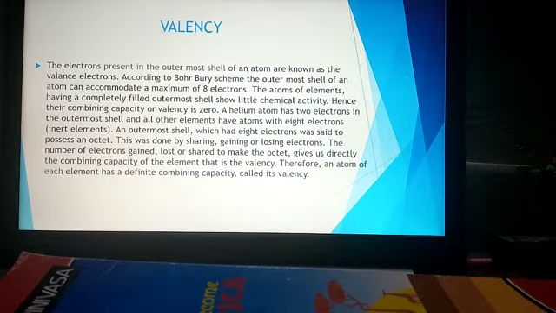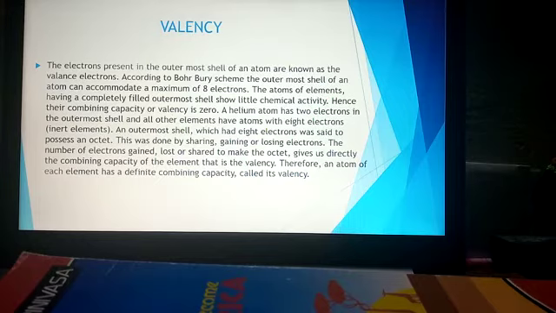The atoms of elements having a completely filled outermost shell, that is with 8 electrons, show little chemical activity. They will not show more activity. Hence, their combining capacity or valency is 0.